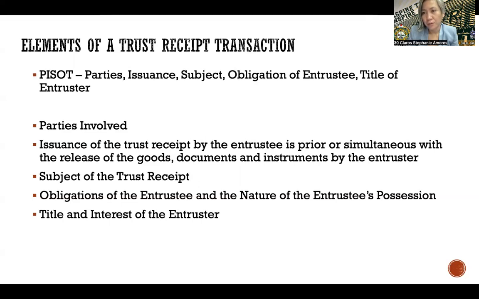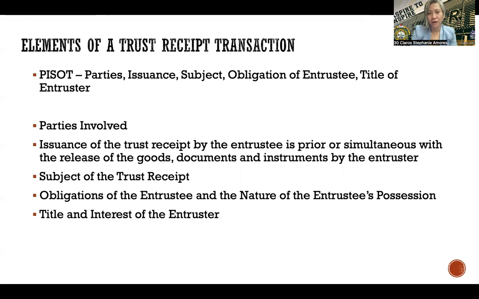So as an aid to you in learning the elements of a trust receipt transaction, there's a mnemonic for that, guys. And it's PISOT. Okay? So first we have P, parties involved. That's the entrustor and the entrustee.